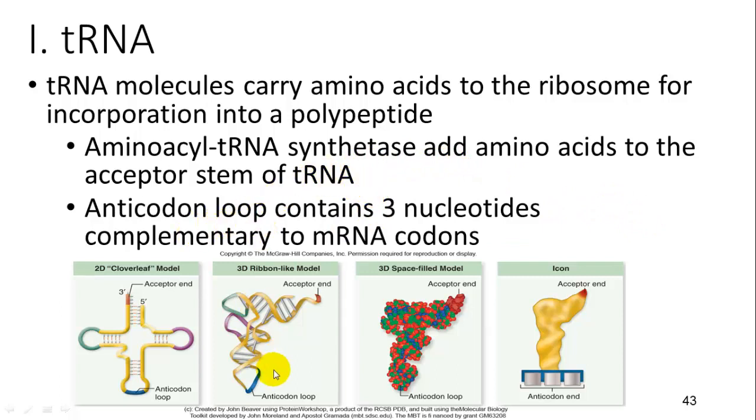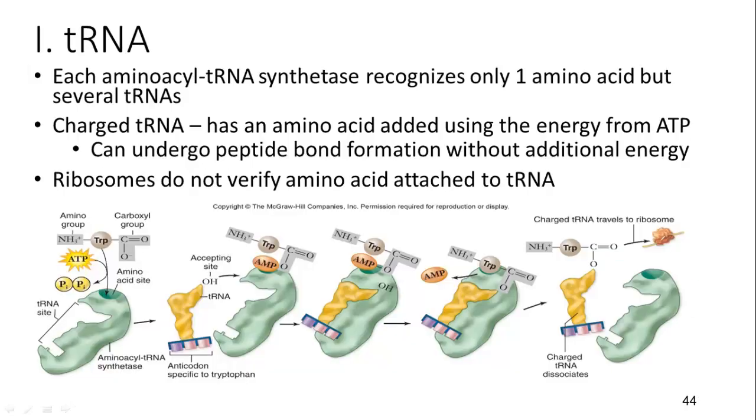And then an anti-codon loop, which reads the mRNA, corresponds with specific amino acids. Each aminoacyl-tRNA synthetase recognizes only one amino acid, but several tRNAs. We showed that before on the graph of the amino acids.